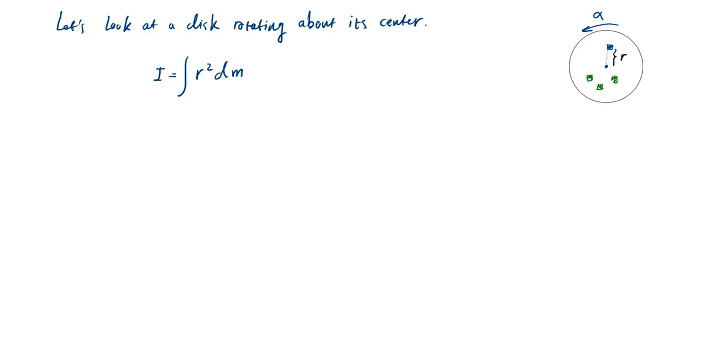Let me define the terms. This is I. As I said, we use the same letter that we use for area moment of inertia. So this is second moment of mass, or mass moment of inertia, or moment of inertia.